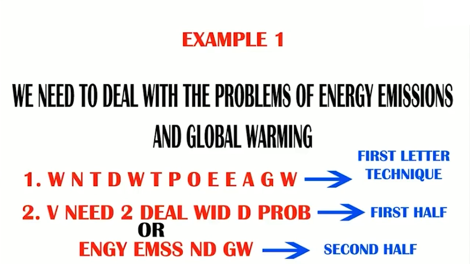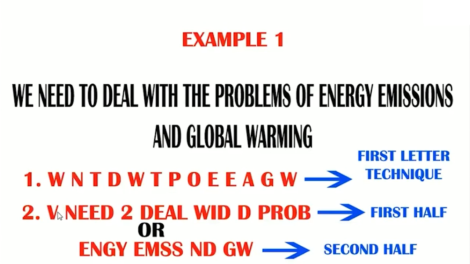Guys, this only depends on your practice. Practice makes a man experienced, not perfect. If you practice a lot, you will be able to speak. Try this. And the second technique I'm talking about: you have to memorize the first half or second half. How? You can use abbreviations also. Like for we, in this case I am using only W, so that I can write more words.